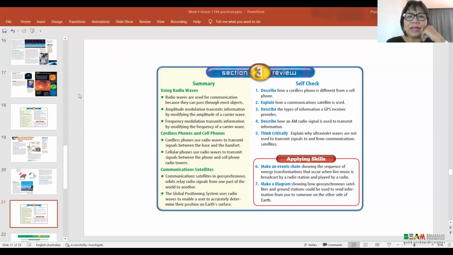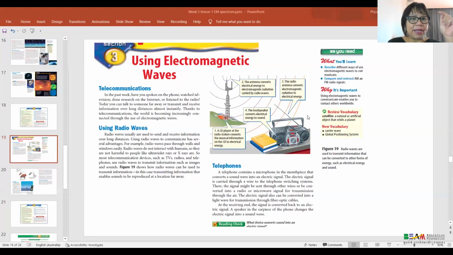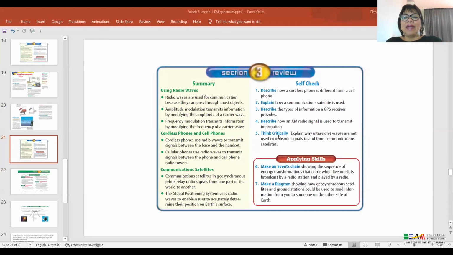Hang on. You're looking at session 2, question 2. I think we are now up to session 3. Sorry, teacher. Okay, don't worry. Yeah, X-ray and gamma rays are in session 2. We are on session 3 now. Okay, that's right.